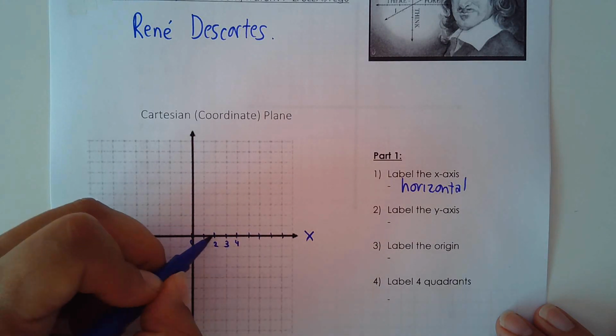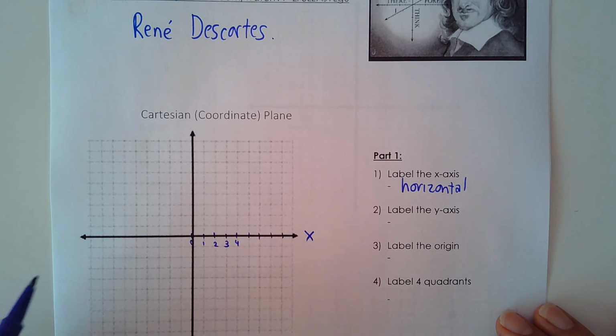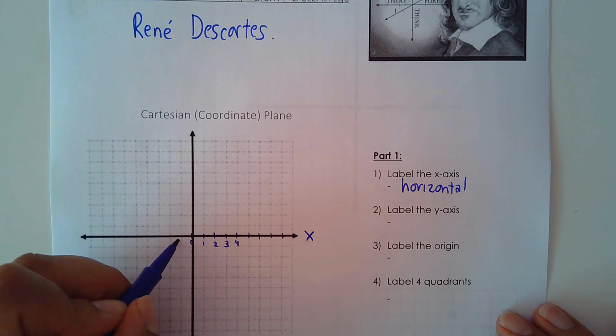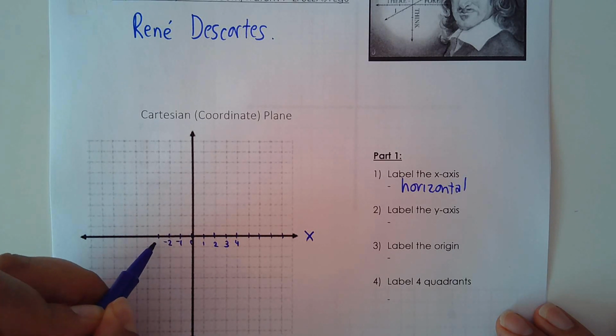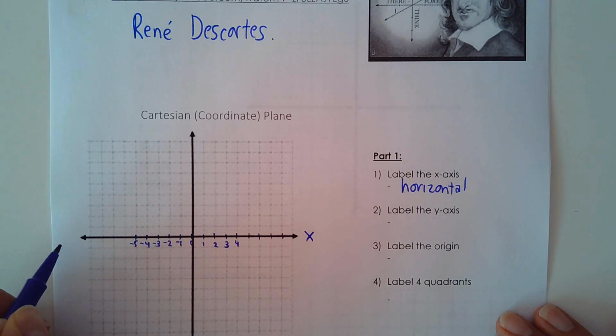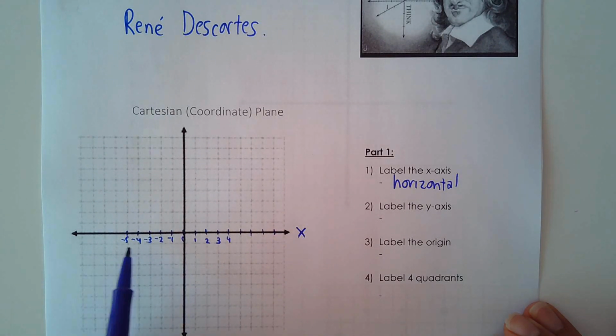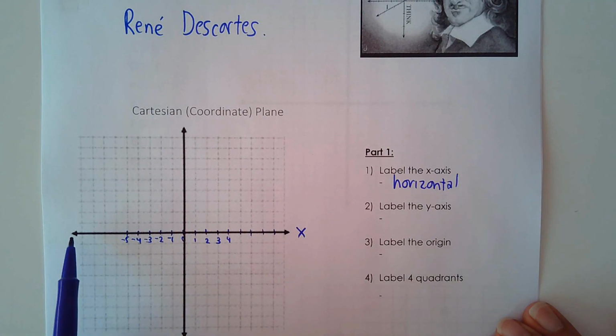So this would be going in the positive direction. And then this way here, it would be going in the negative direction. So if this is 0, this is -1, -2, -3, -4, -5, and so forth. So this is the horizontal axis, and it's called the x-axis.